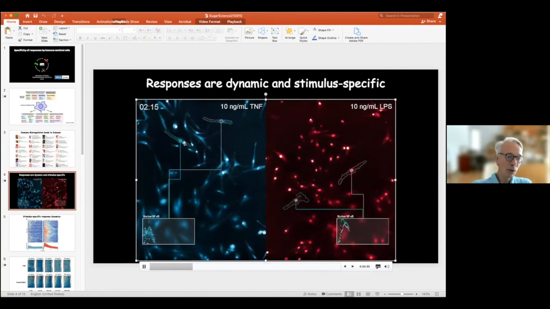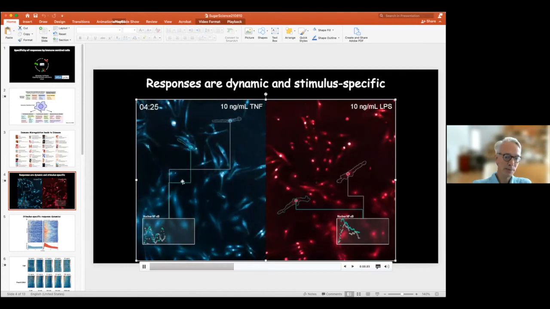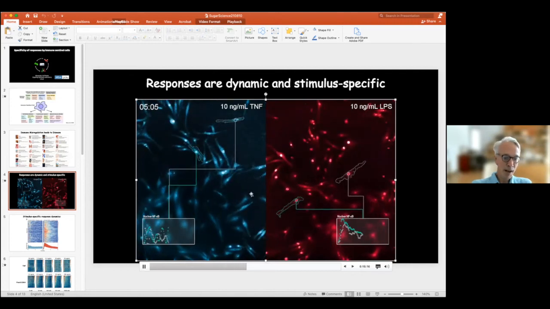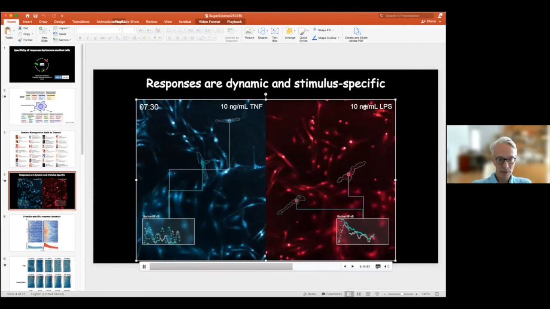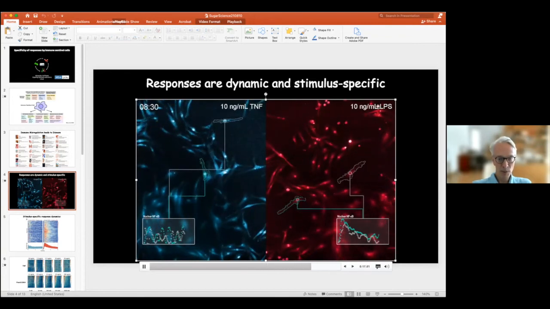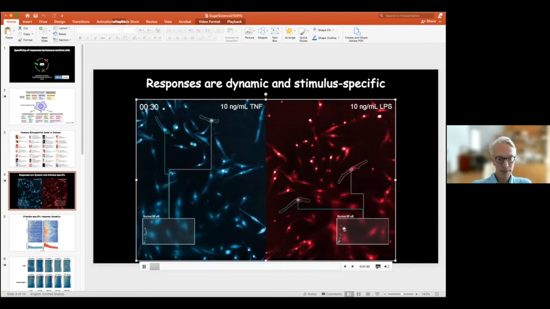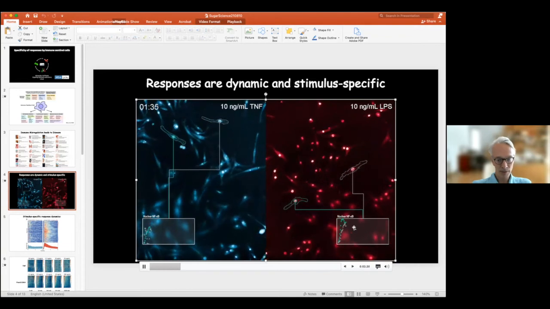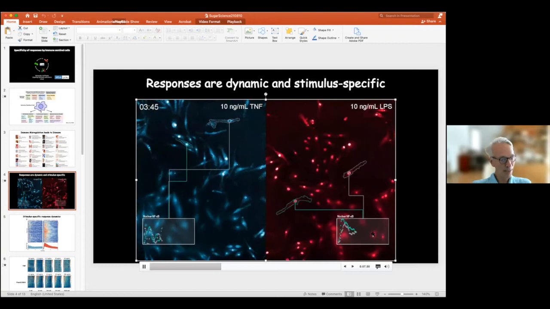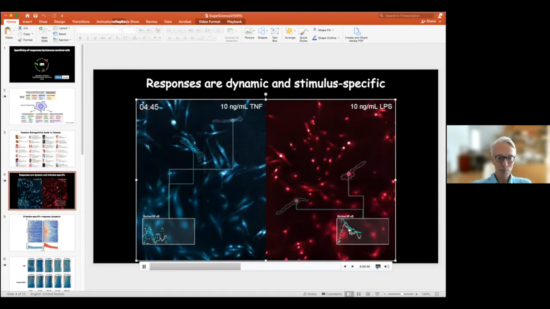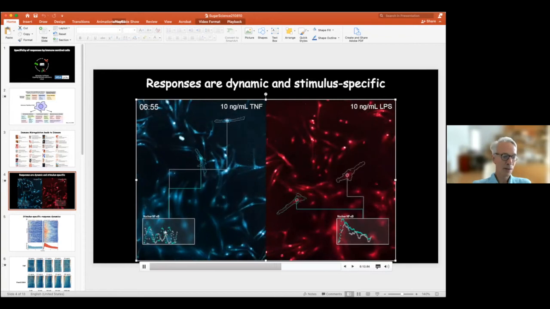If you look in detail, you can see how the transcription factor goes in and out of the nucleus. But if those same macrophages in a separate dish are exposed to a different stimulus, in this case endotoxin, the responses are much less oscillatory. Of course, every cell responds slightly differently, but these are non-oscillatory, and on the left they're oscillatory.